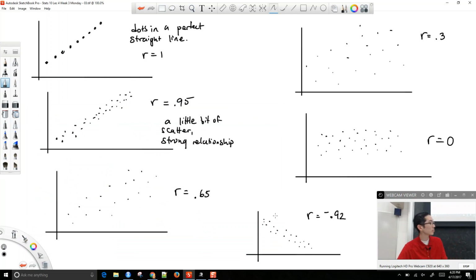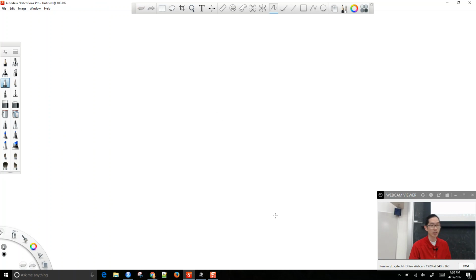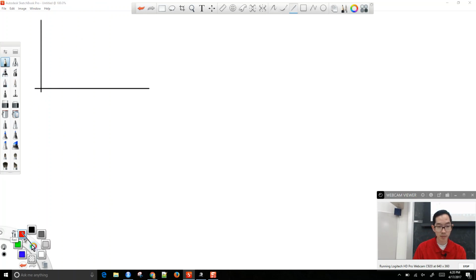Let me draw a few plots here, and we'll get a quicker question. So right here, I have r is equal to 1.